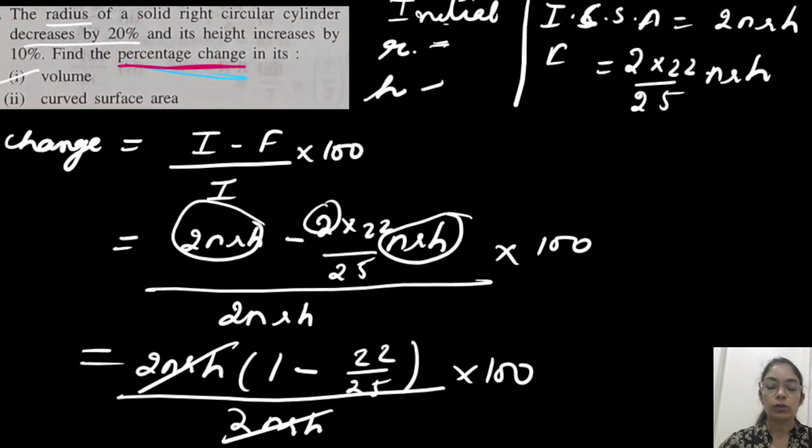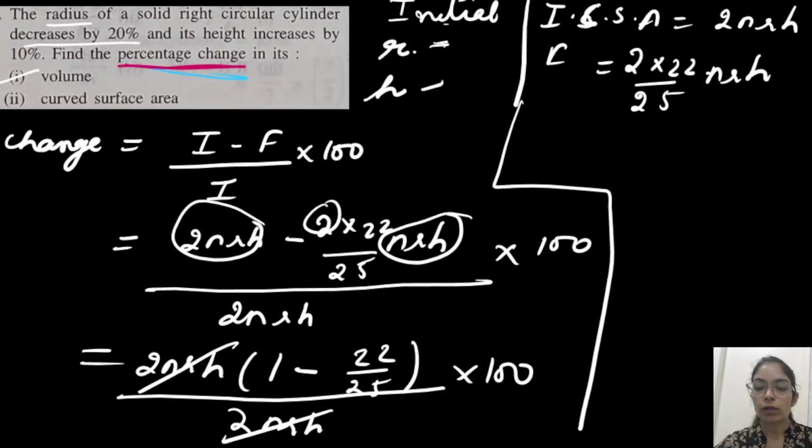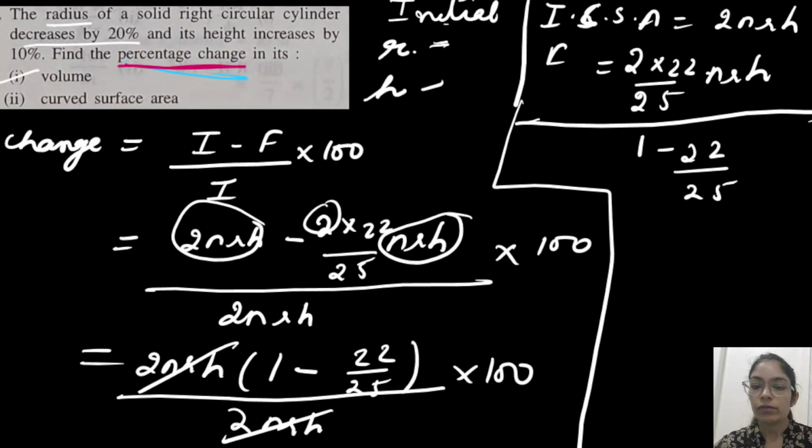2 pi RH and 2 pi RH will get cancelled. So this fraction will be simplifying. What will we get? 1 minus 22 by 25 into 100. If we take LCM here, we'll multiply with 25 only.